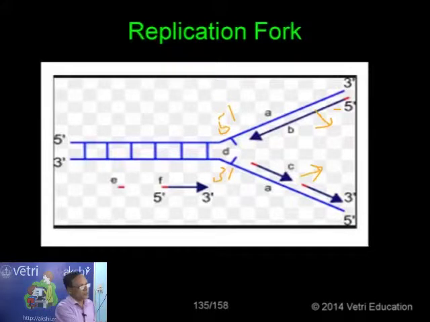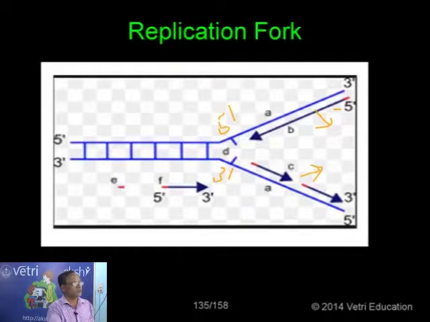See that one, the two strands are oppositely oriented. So also the synthesis of leading strand and lagging strand are oppositely oriented. The synthesis of continuous strand is taking place towards the growing replication fork. The synthesis of discontinuous strand is always growing away from the replication fork.